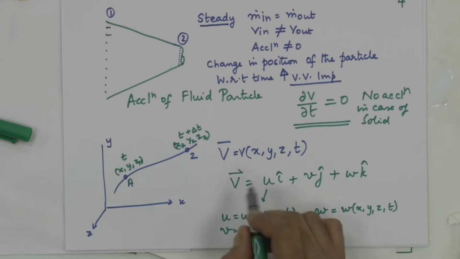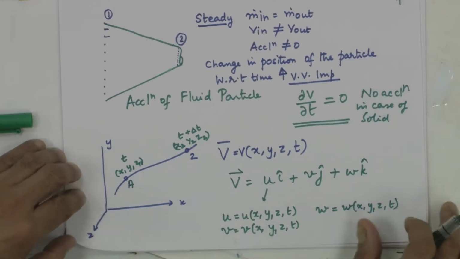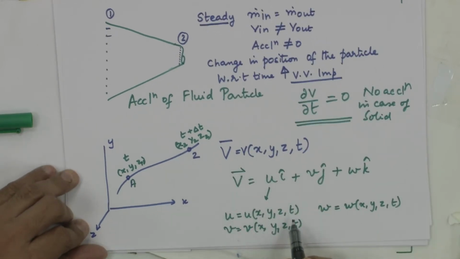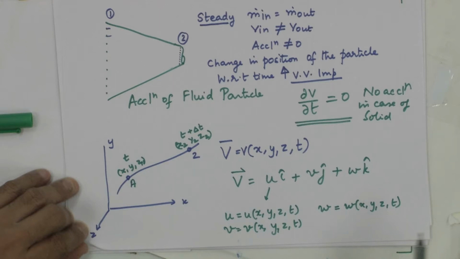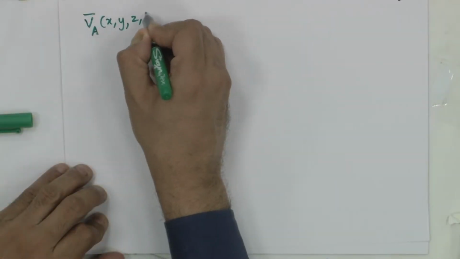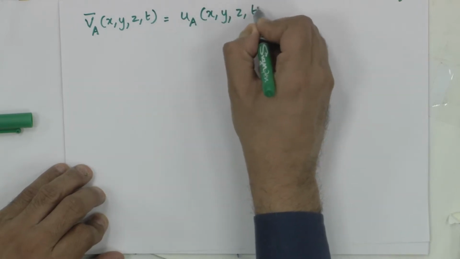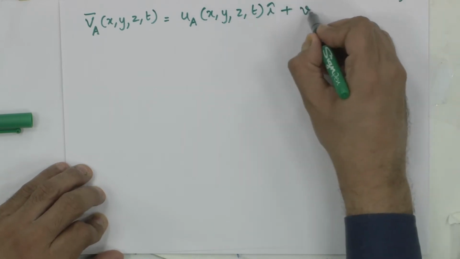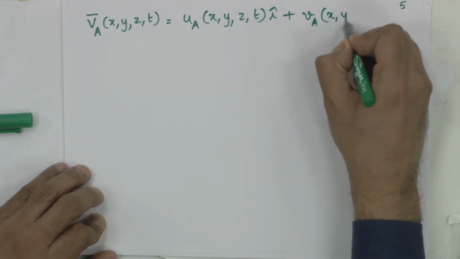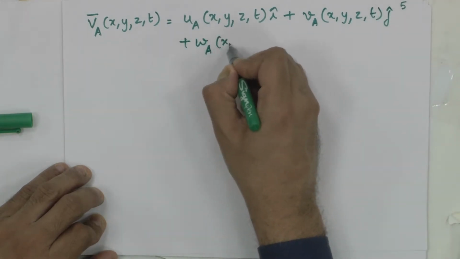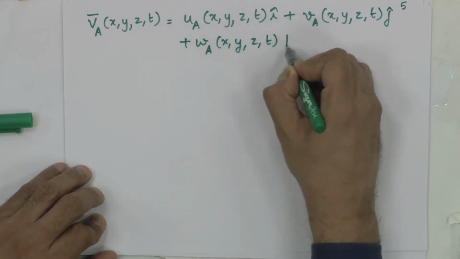We can write this velocity for a fluid particle at position A by giving xa, ya, za, or x, y, z just for simplicity, and then V of A is nothing but u of A at x, y, z and t i cap, plus v of A at x, y, z and t j cap, plus w of A at x, y, z and t k cap.